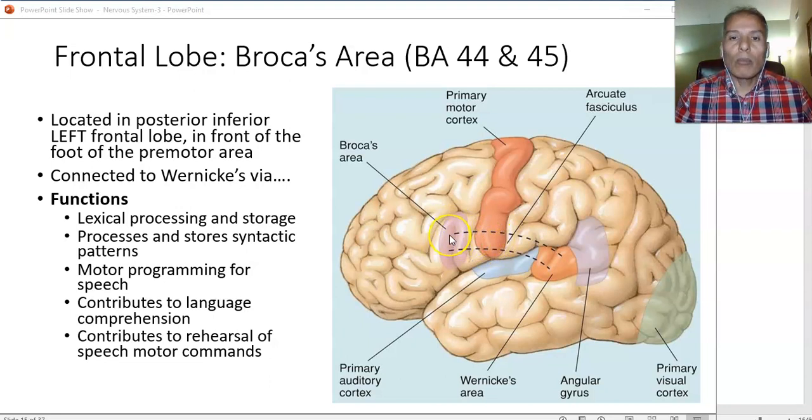So that is motor programming for speech, in addition to grammatical processing and lexical processing and lexical storage. This area is critical. It doesn't exist in the left and the right hemisphere. We have only one Broca's area, and it only exists in the left hemisphere.